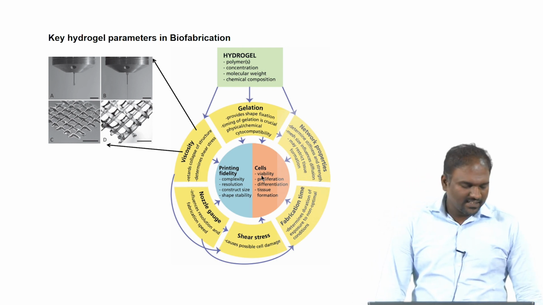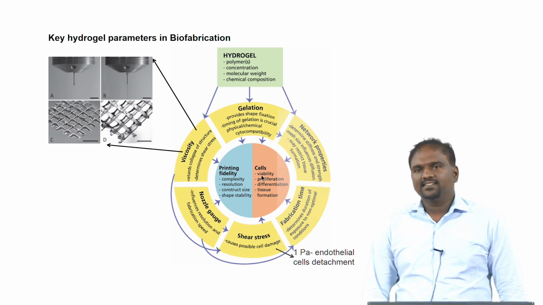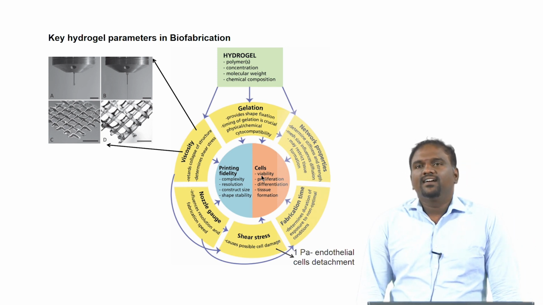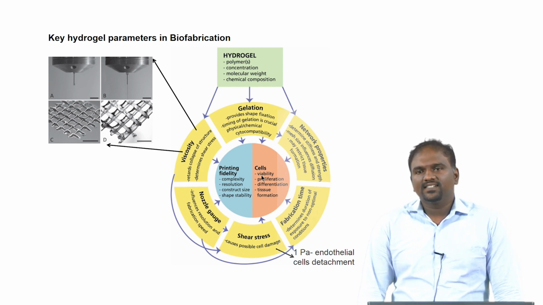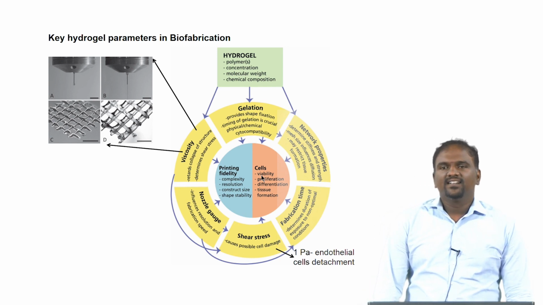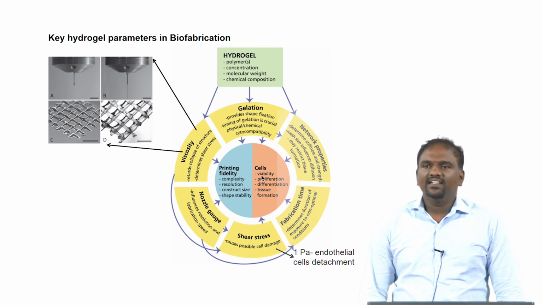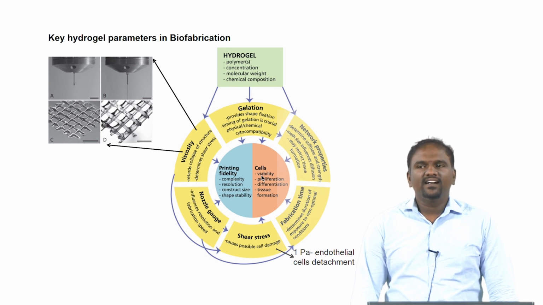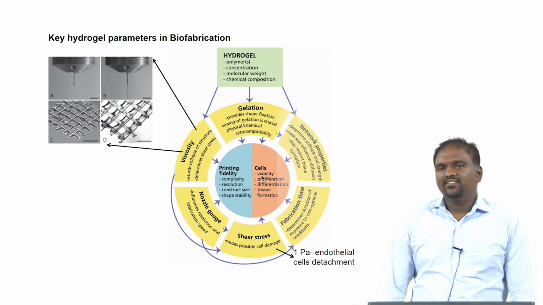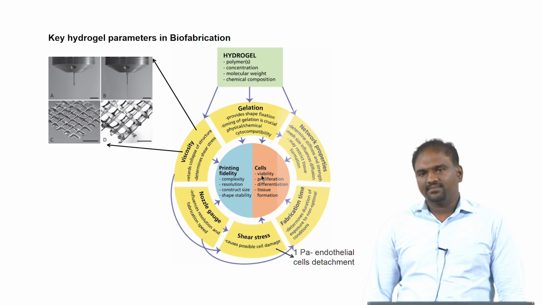Another thing is shear stress. If we apply more shear to the polymer solution, obviously the cells will die. There are reports that even if we apply 1 Pascal of shear to a hydrogel containing cells, the endothelial cells get detached from the substrate.